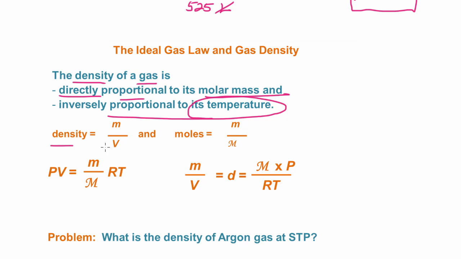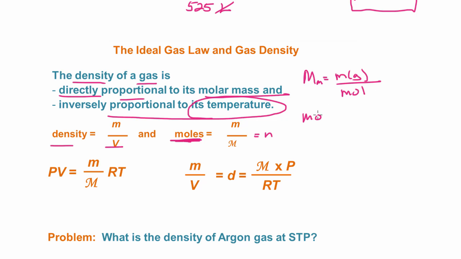So we know density is mass over volume, and moles, which would be n, would be equal to the mass over the molar mass. We have the molar mass is equal to the mass in grams over the number of moles.